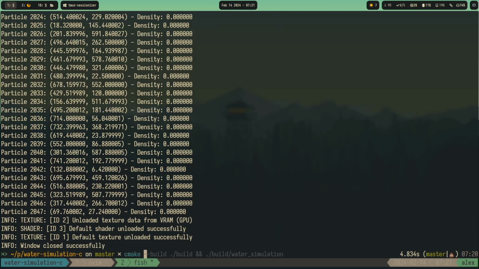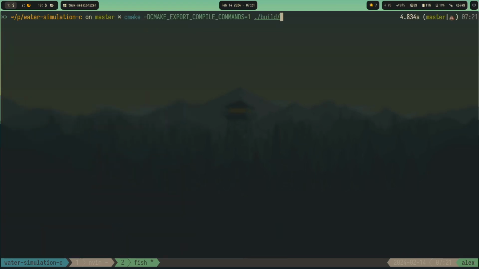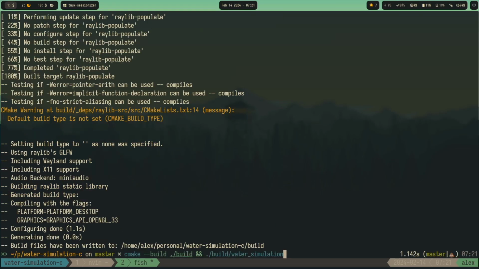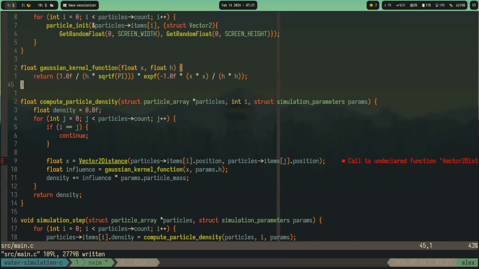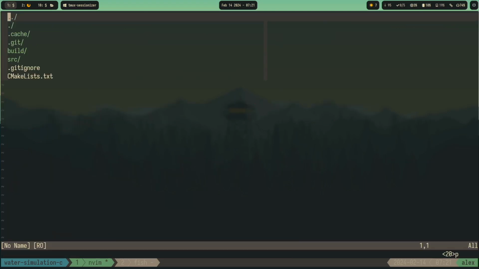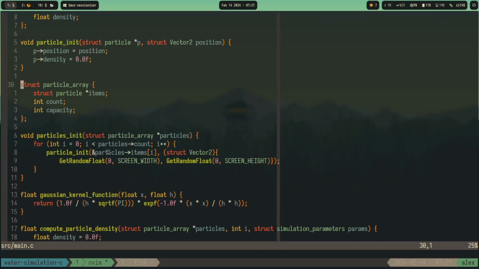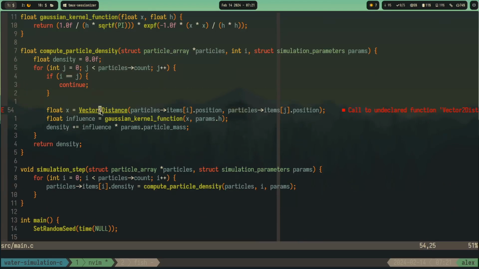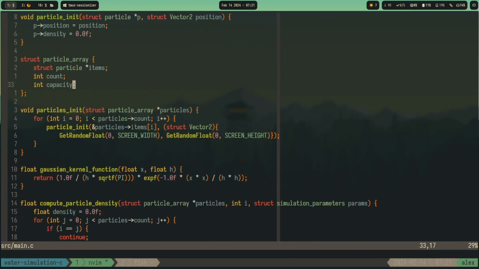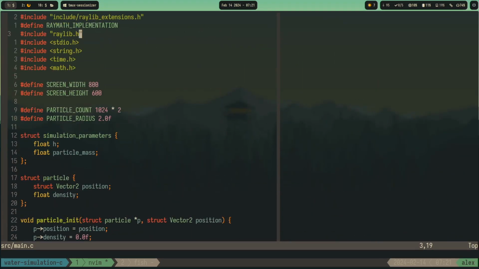CMake. Let's try this thing again. But how can we make it see that this function actually exists?